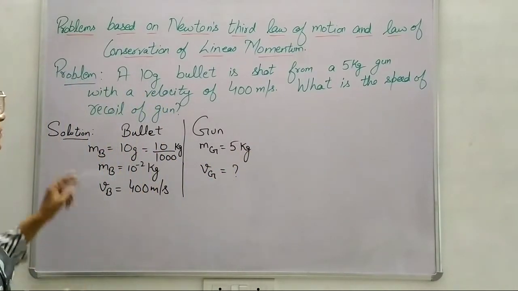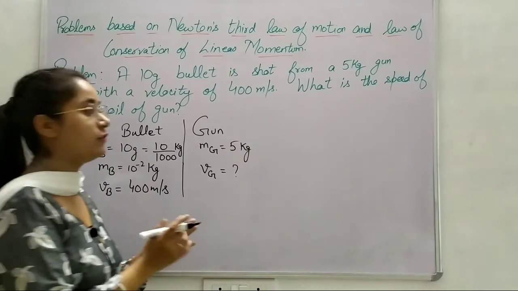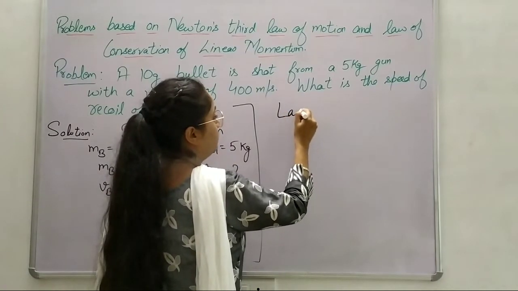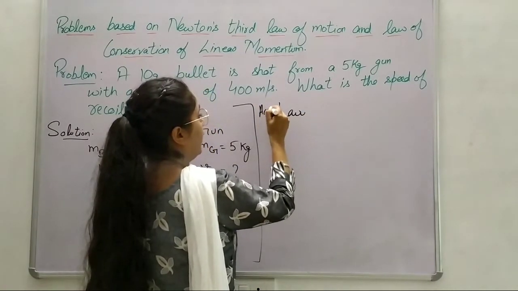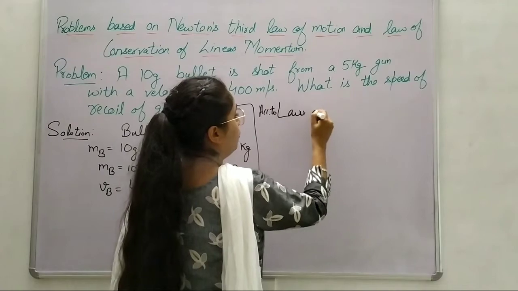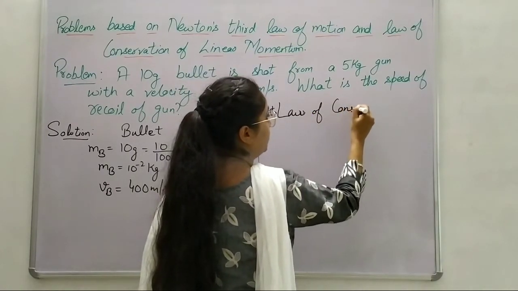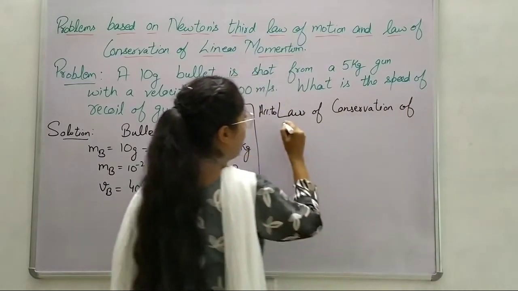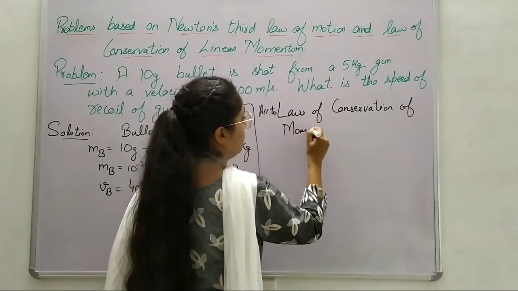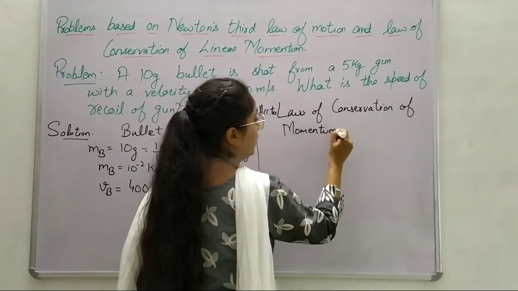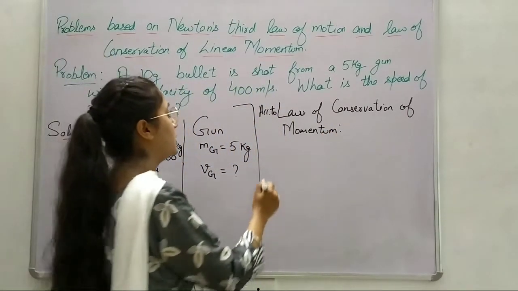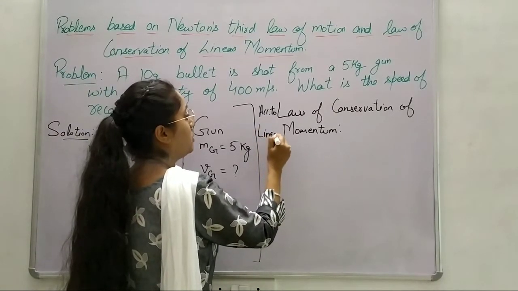Now for that we will apply the law of conservation of momentum. This part, the recoiling of the gun, as I explained earlier in the previous videos, is based on the law of conservation of momentum, or you can say the law of conservation of linear momentum.